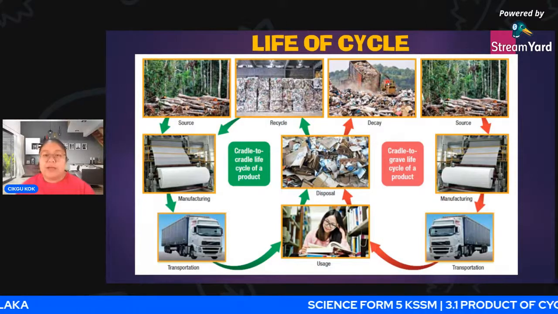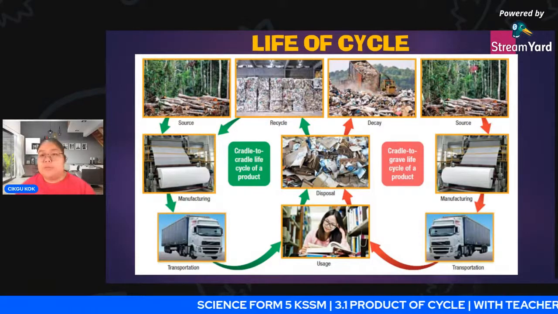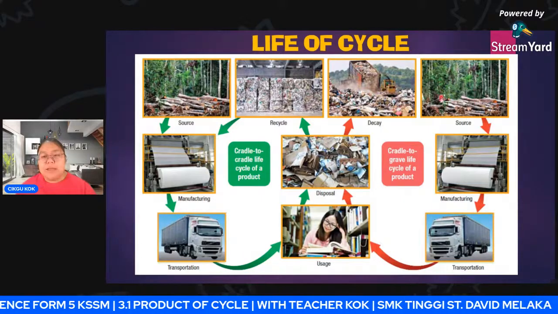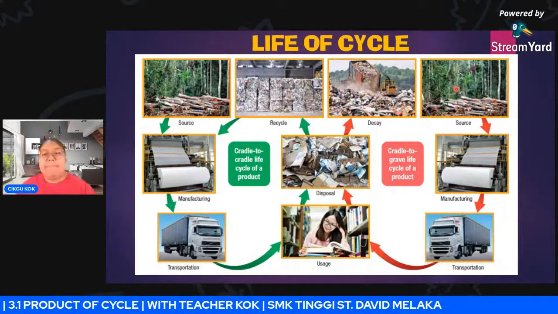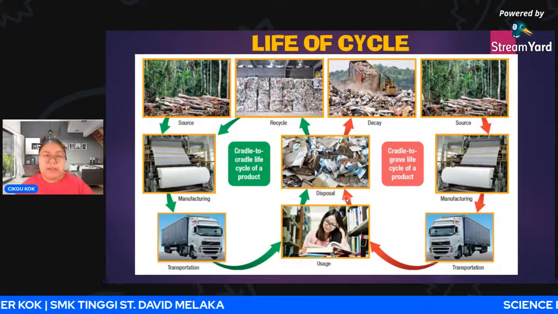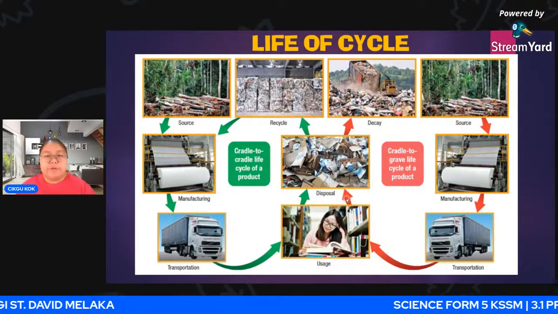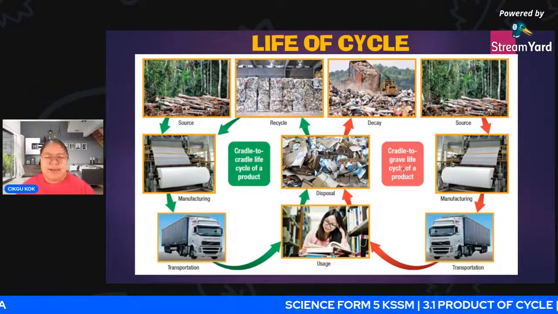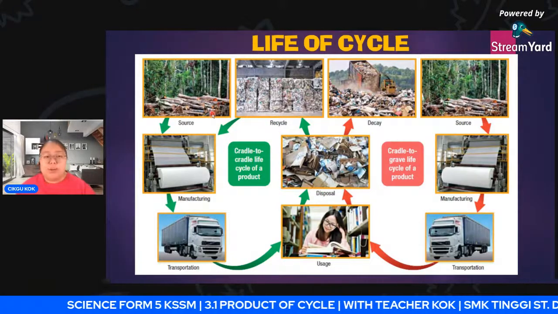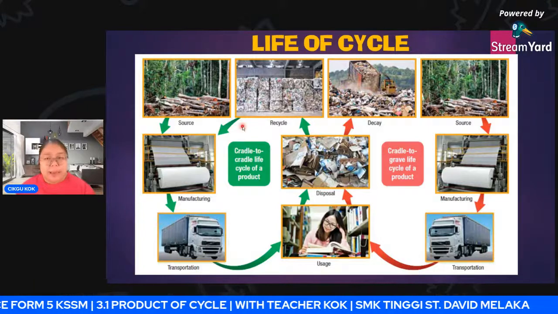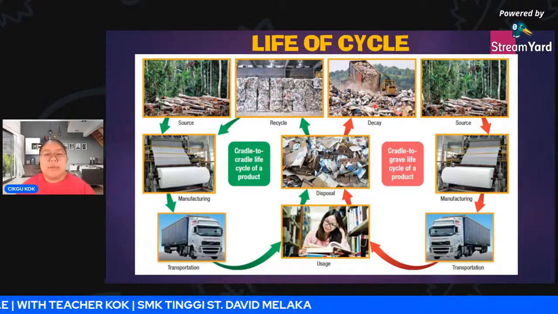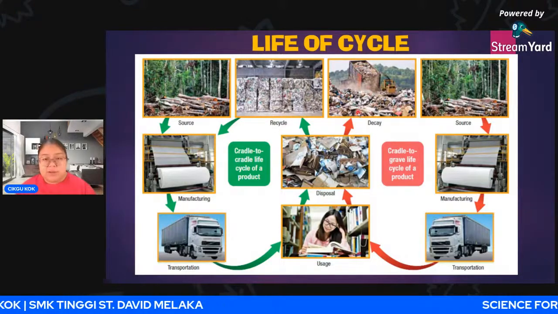After decay, maybe it becomes fertilizer and is absorbed by the plantation. Then the plantation becomes manufacturing, then transportation, and goes back to become the disposal. So this is the difference between cradle to cradle and cradle to grave. So from here, which one is better? Sure, recycling is better. Decay also will produce gas, and some of the gas is greenhouse gas.